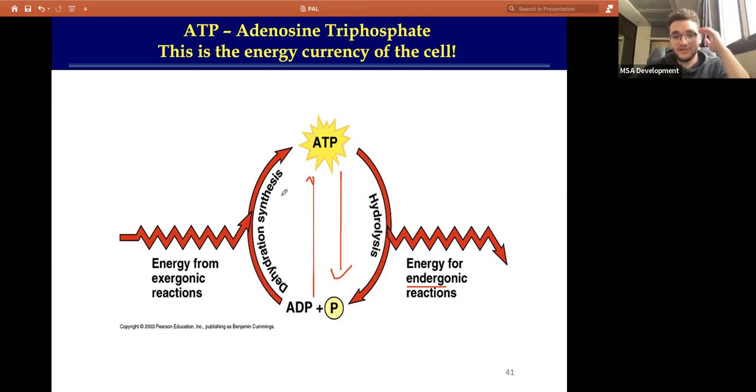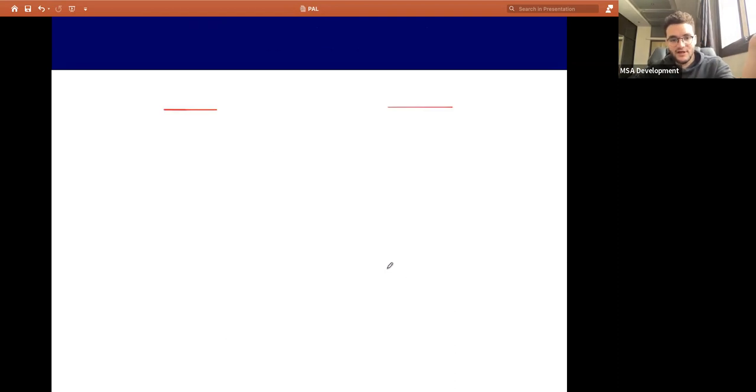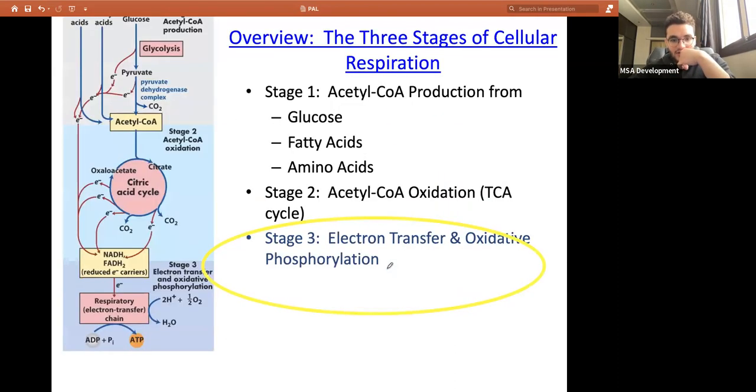I know this slide is kind of confusing, but I hope it's clear. Everything is clear for bioenergetics, because we're going into the electron transport chain.